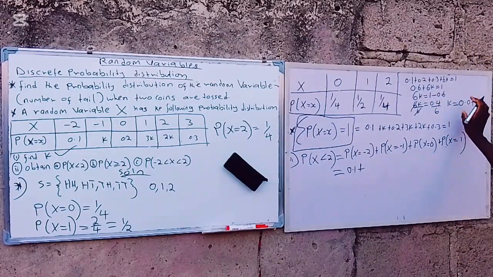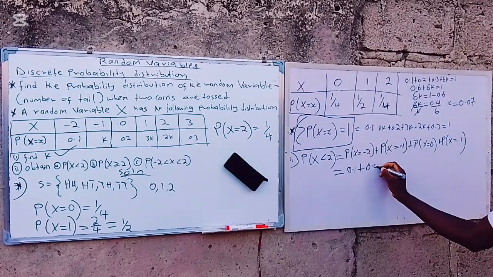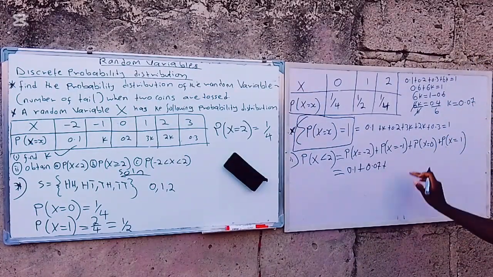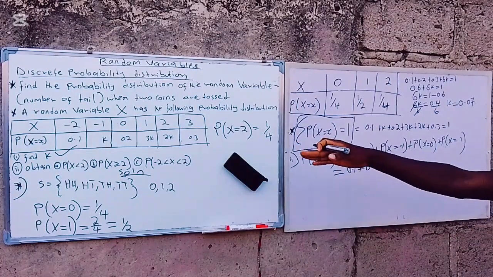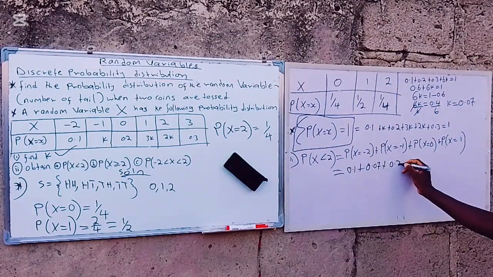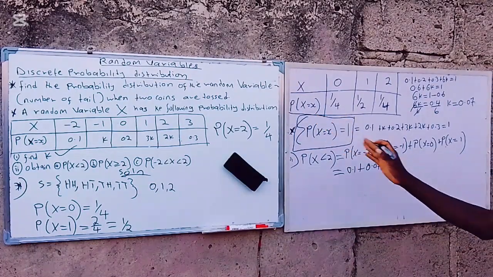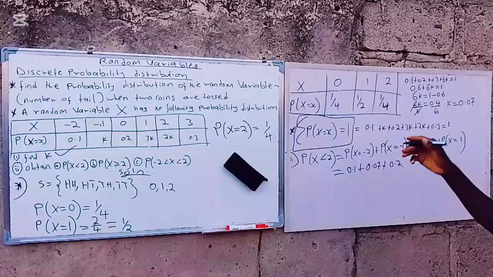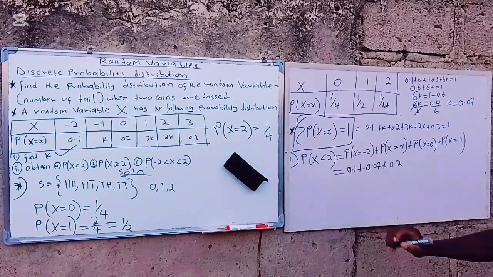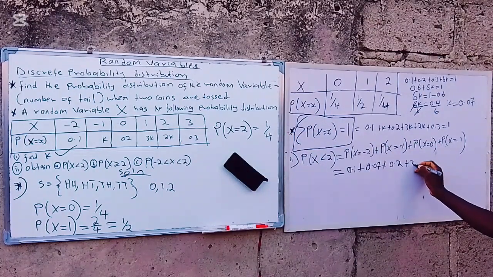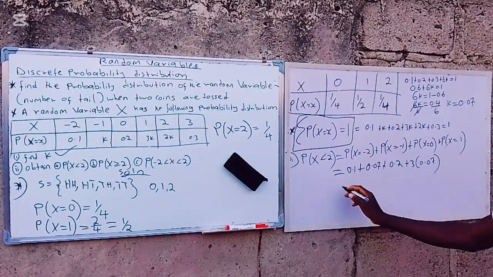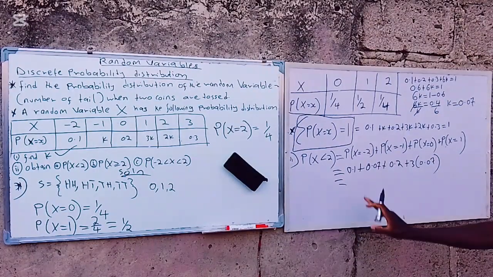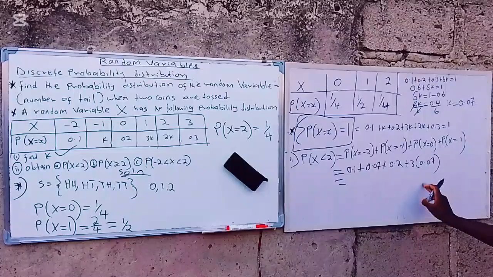We already found the value of k as 0.07, plus the probability of x equals 0, which is 0.2, plus the probability of 1, which is 3k. So plus 3 multiplied by 0.07.